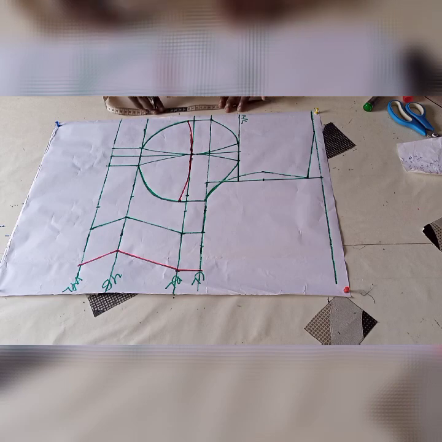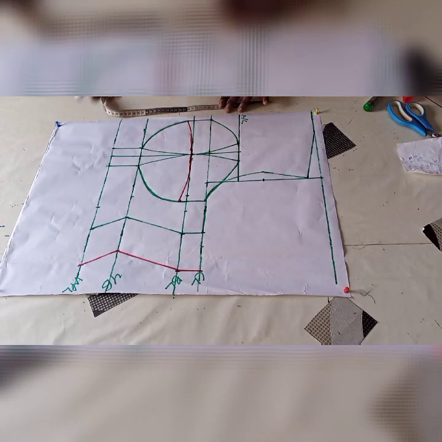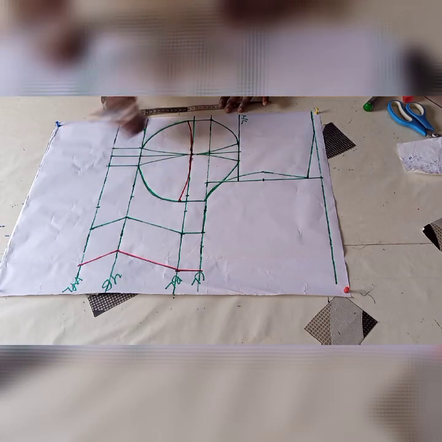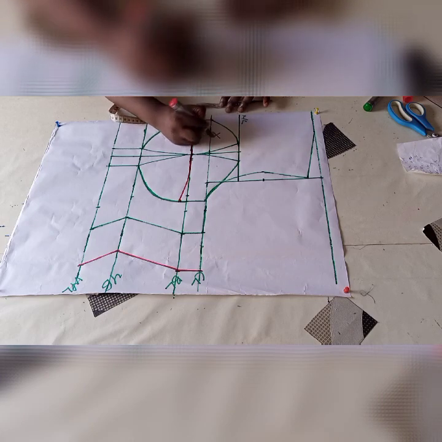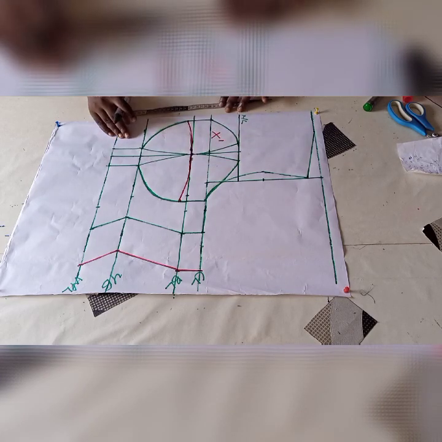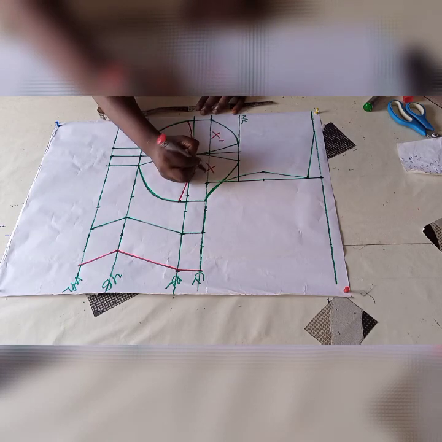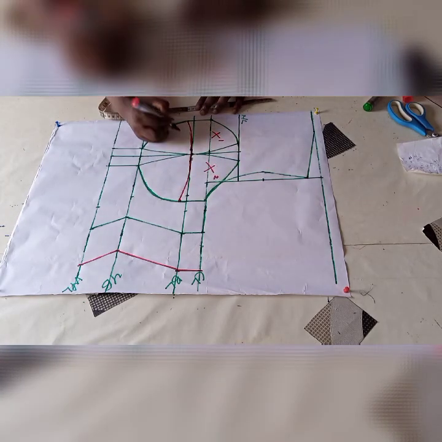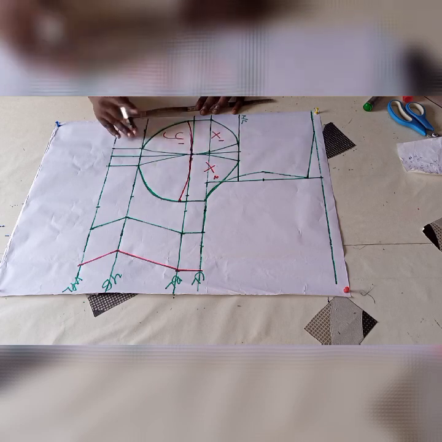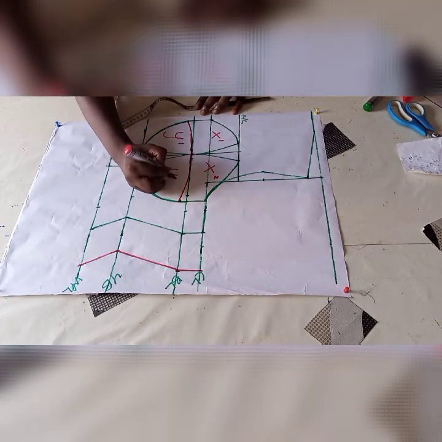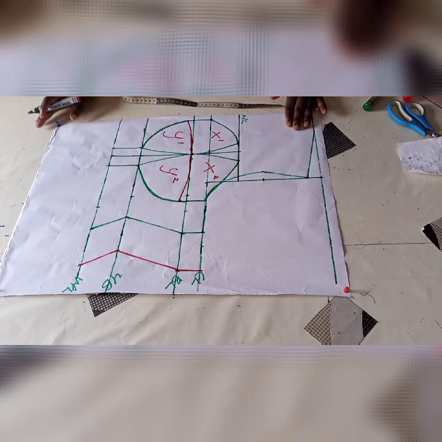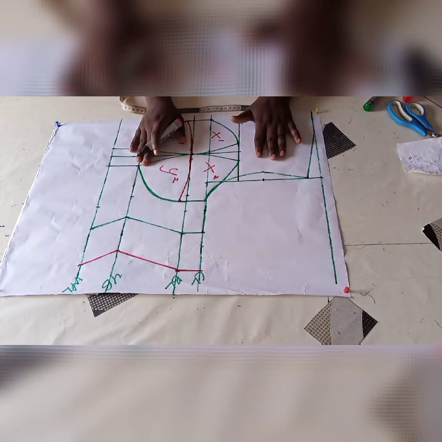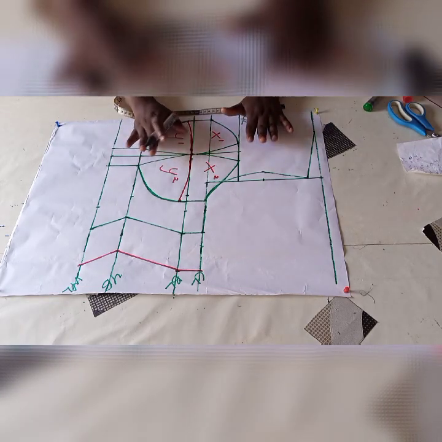In my concept, so that I won't be confused after cutting it, so that I will know the exact points, I will name this one X1, X2, Y1, Y2. So I've named my concept so that I won't be confused after cutting it out.